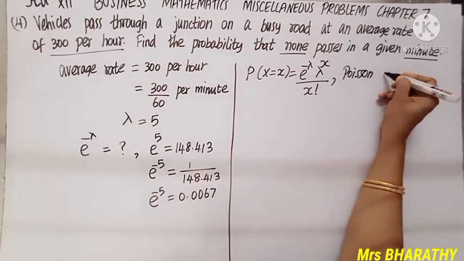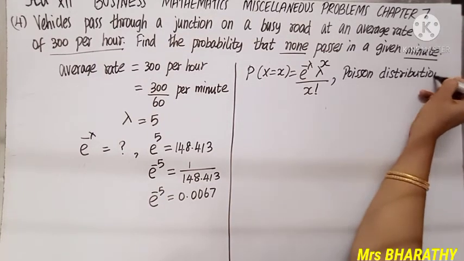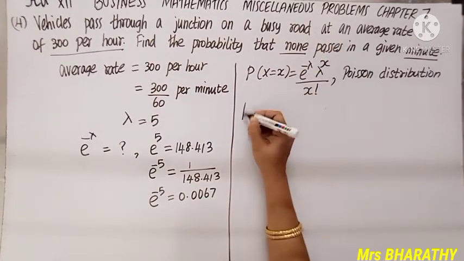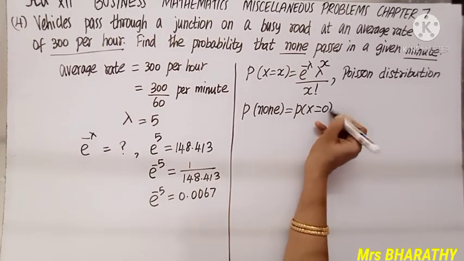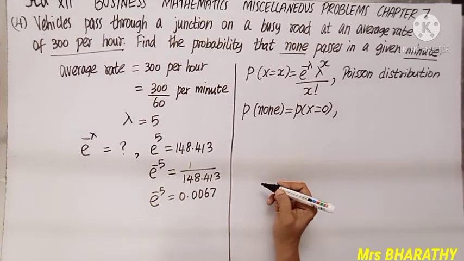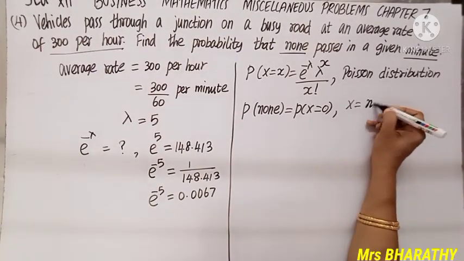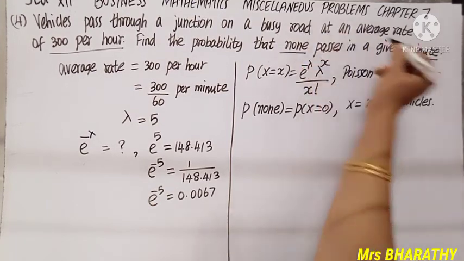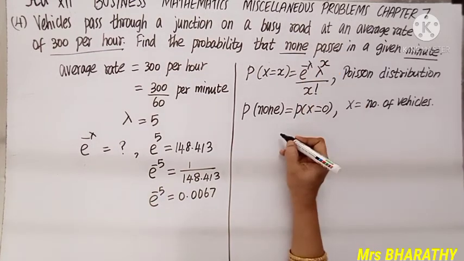As I recall the formula, e power minus lambda, lambda power x by x factorial. My question is none, so x is equal to 0. What is x actually? X represents the number of vehicles passing through in that particular unit of time. But the question is none, so x is equal to 0.